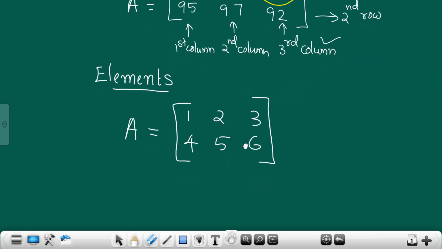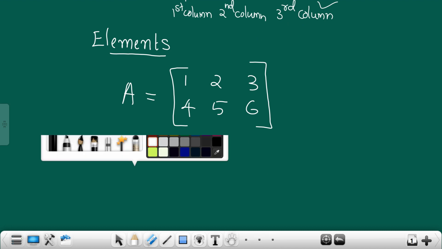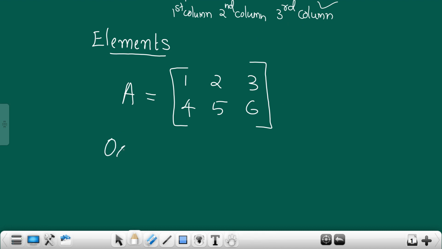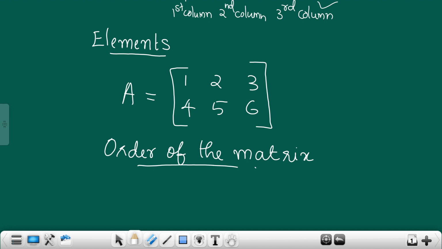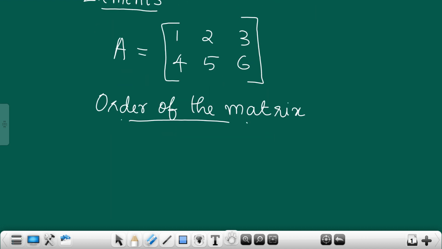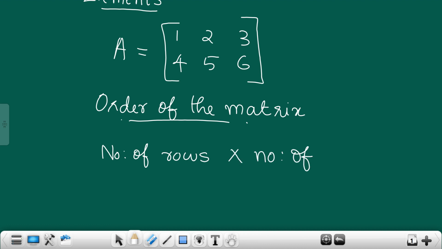Next we discuss the order of the matrix. Order of the matrix is number of rows into number of columns.